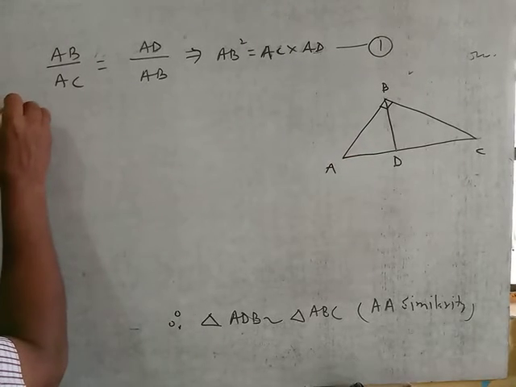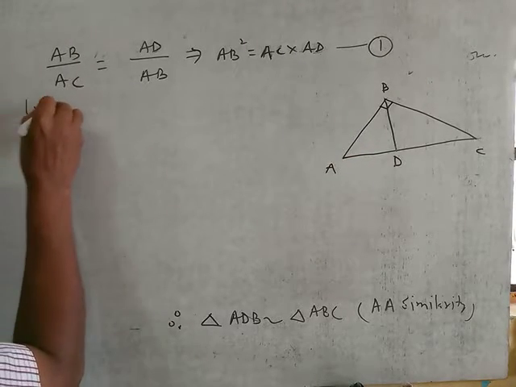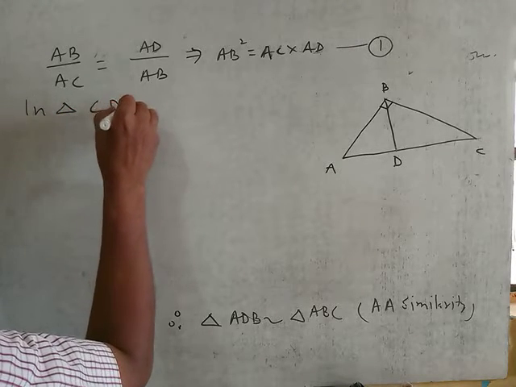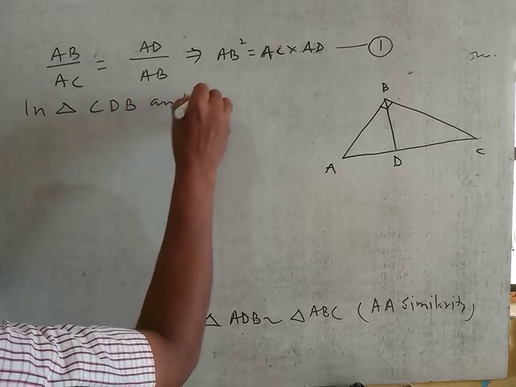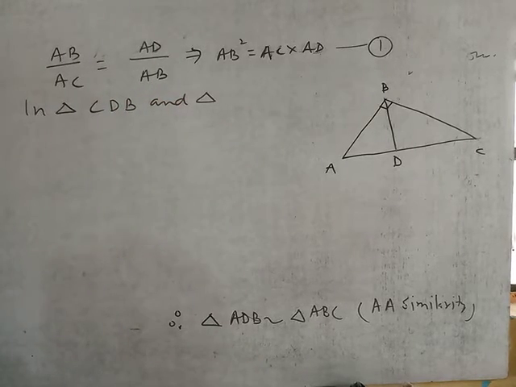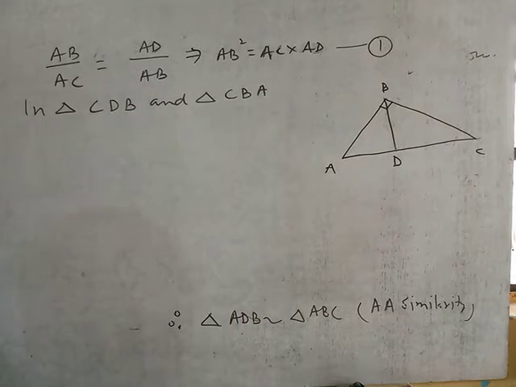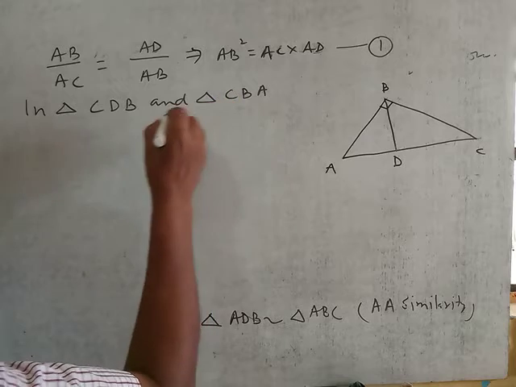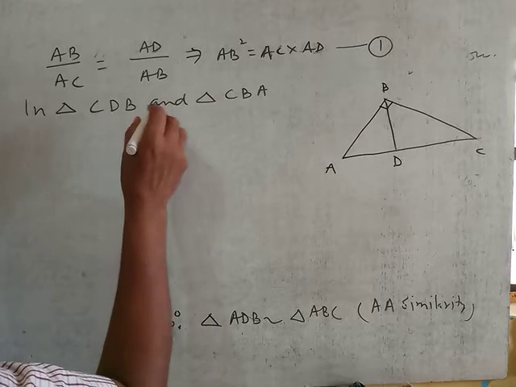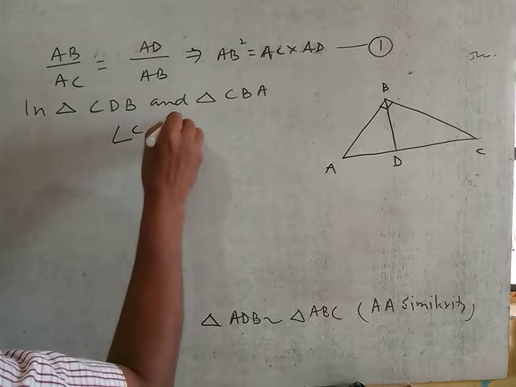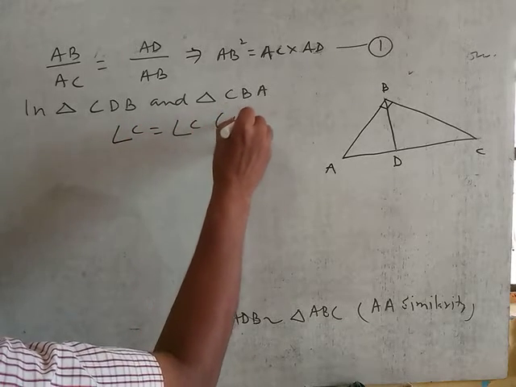So in triangle CDB and triangle CBA, okay, they are similar. Why are they similar? Because angle C is equal to angle C. This is common.